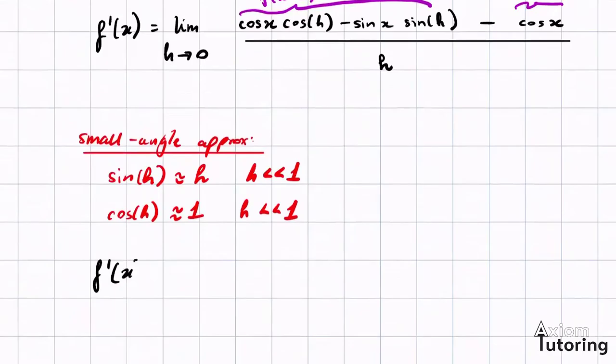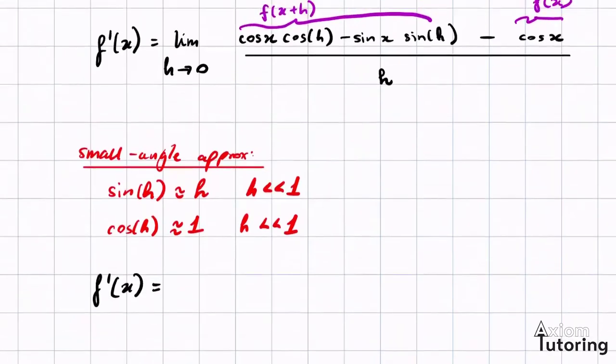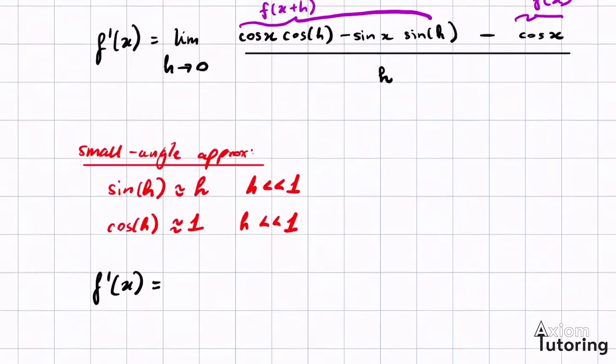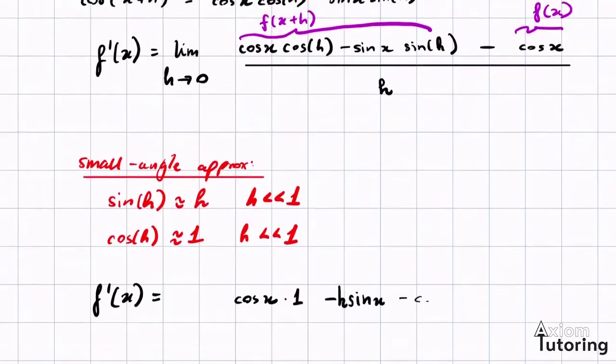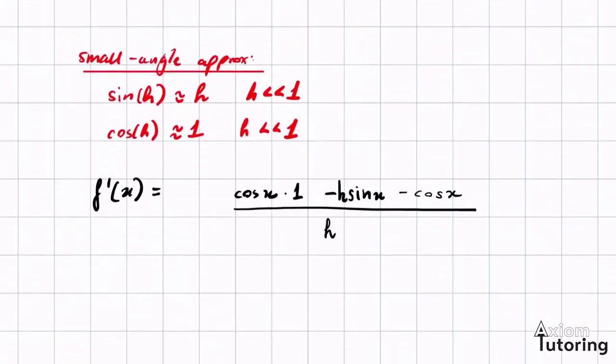So f dash x, as h tends to 0, becomes cos x remains, but our cos of h becomes 1, so that's just cos x times 1, minus sine of x, that stays the same, and then sine of h, that becomes h, so let's put that in front, and then minus cos x, that stays the same, all over h.